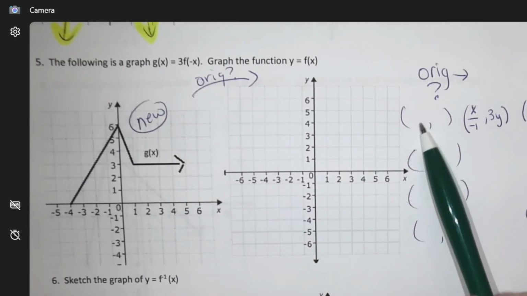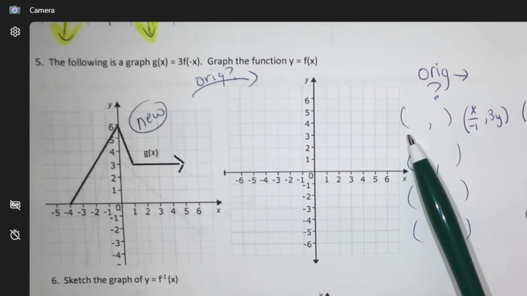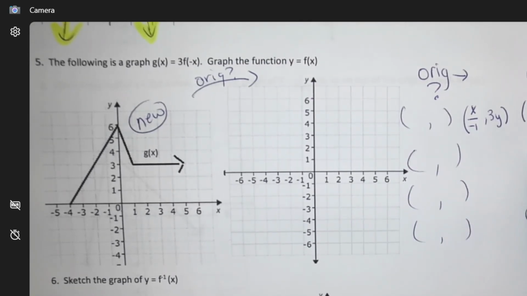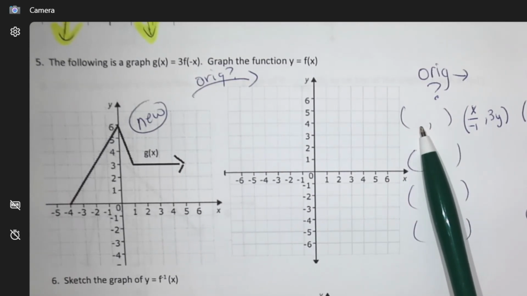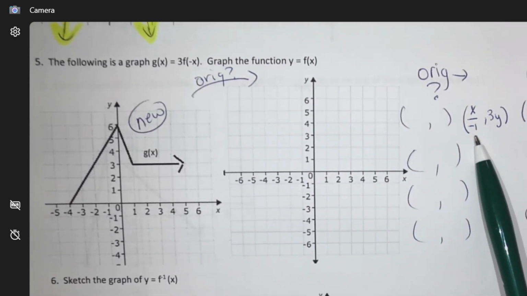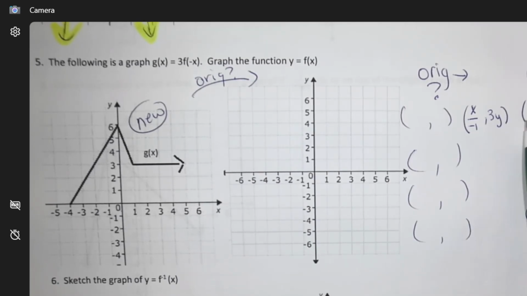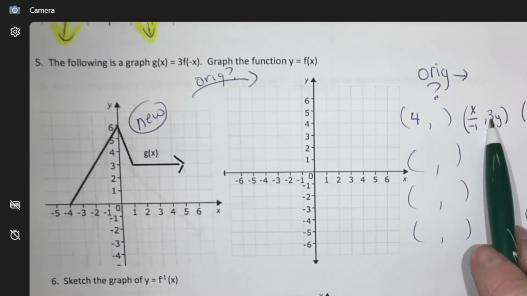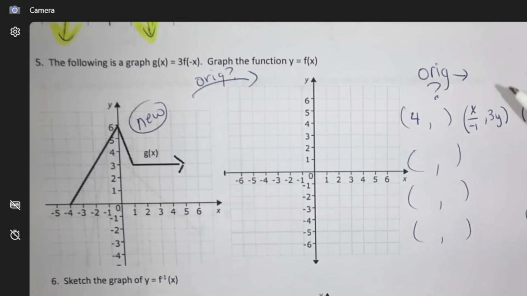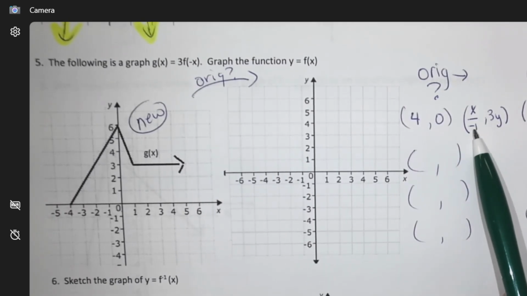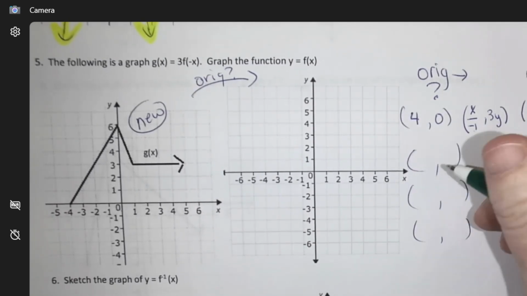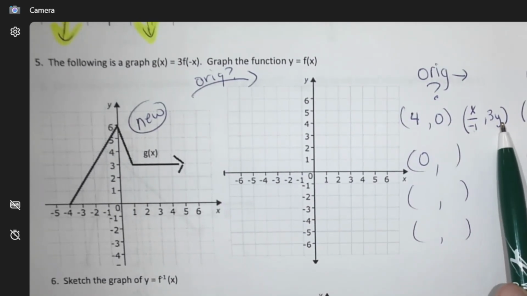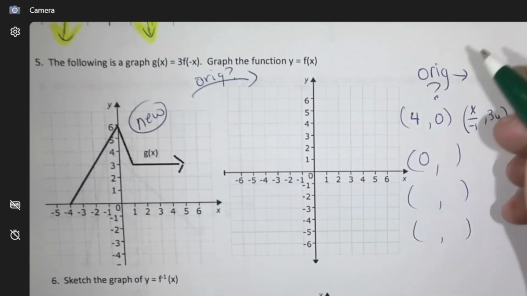Okay, so what was the original point? So I took an original point, I did this to it, and it landed there. So I have to work my way back to the original. So what did you divide by -1 to get to -4? 4. 3 times what gets you to 0? 3 times 0. What divided by -1 is 0? 0. 3 times what is 6? 2.